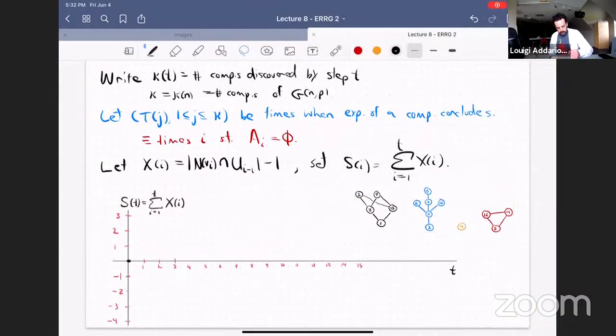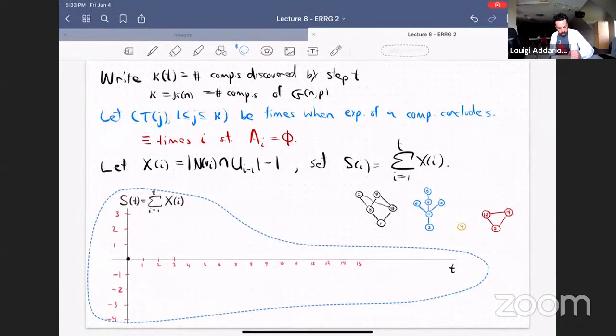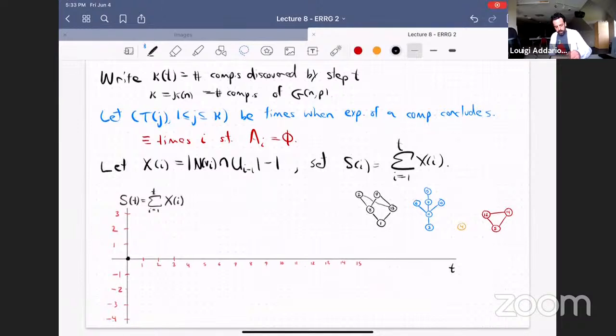Right. So in the first step, we discover 2 vertices, so our walk increases by 1. In the next step, we discover another 2 vertices, and our walk increases by 1 again. Then the next 3 steps, we discover no new vertices, so our walk decreases by 1 each time. And that corresponds to the time when the exploration of the first component is finished.